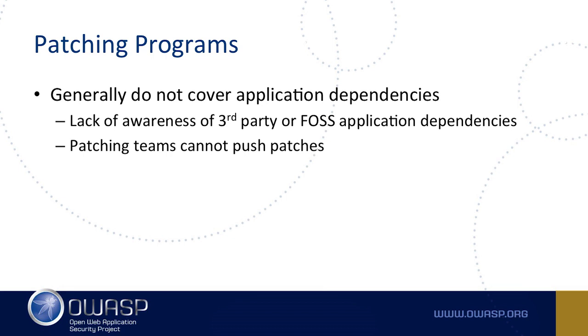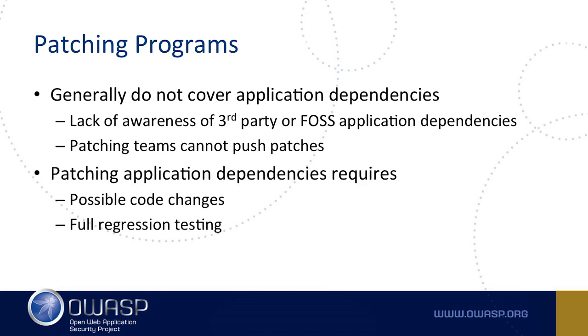And a bigger problem is even if the patching programs did know about these things, they can't push a patch to an application. For those of us that are developers, when you patch an application, you could have code changes, you could have regressions, if you change a dependency. And so you have to go back and upgrade the component, test, make sure everything's still working the way you expect it to.